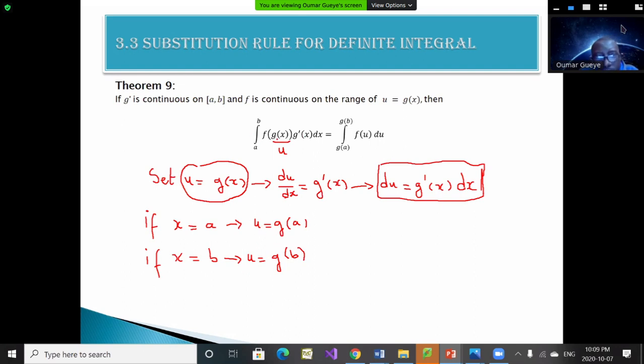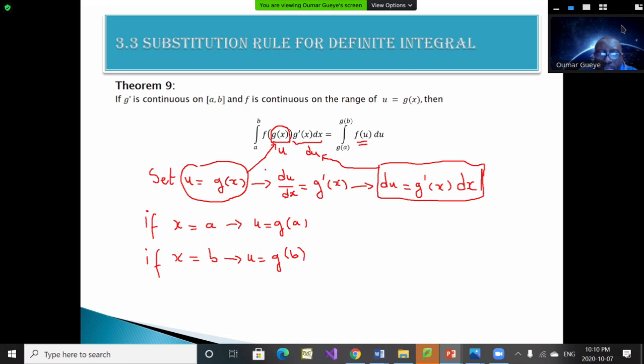Now you can see here, I substitute all this by u, and it becomes only f of u. And all this, g' times dx, is your du, based on what you have here, and this is obtained from here.